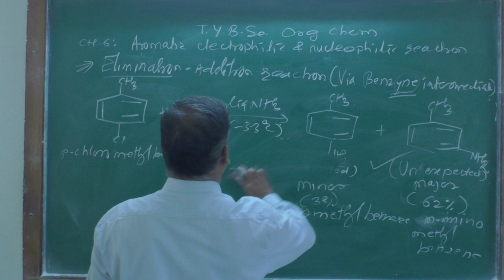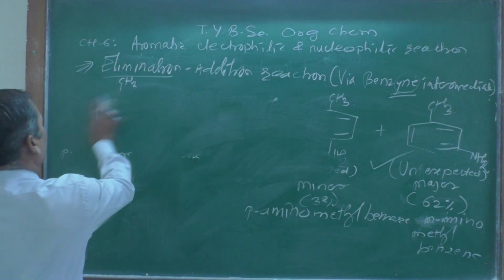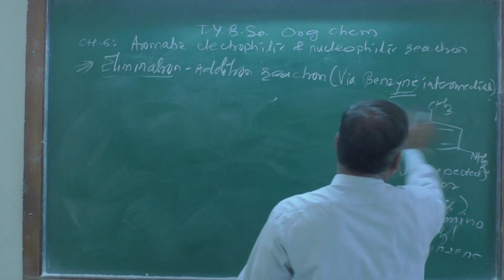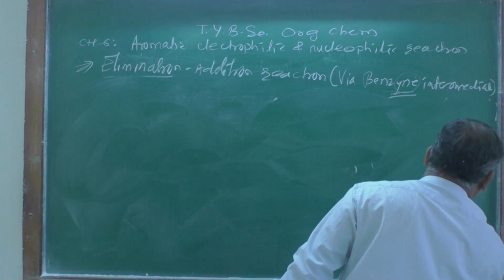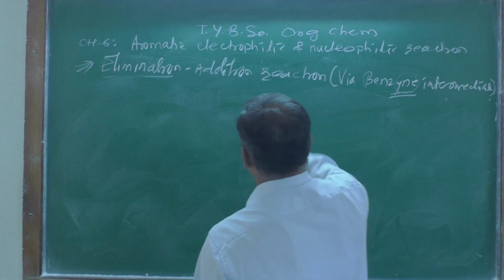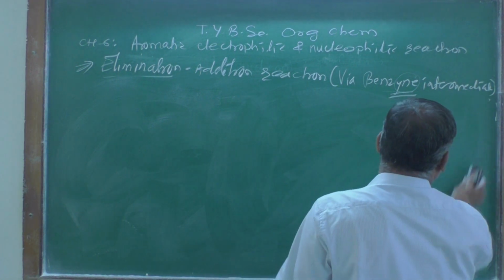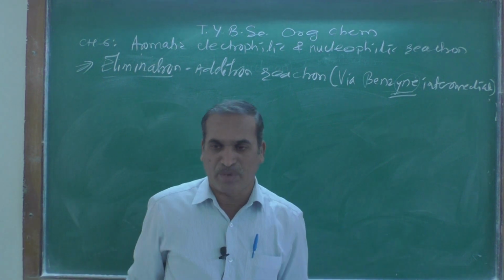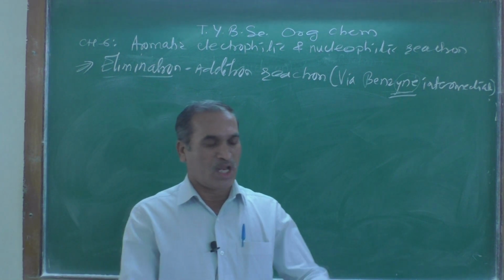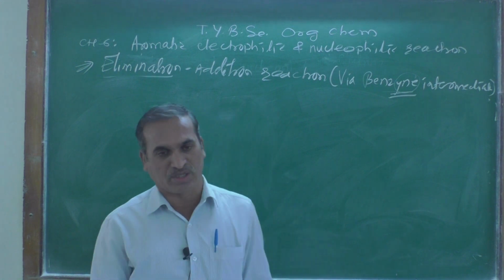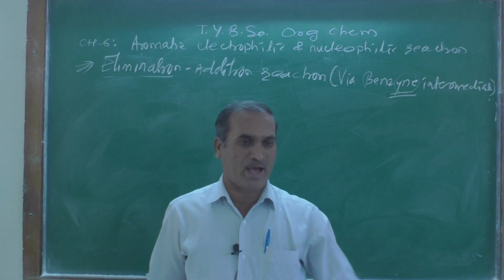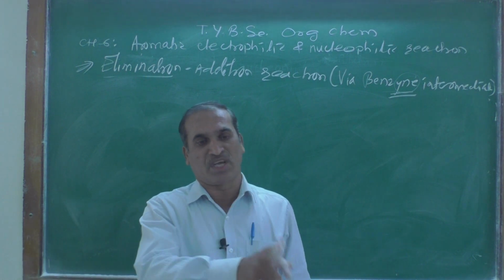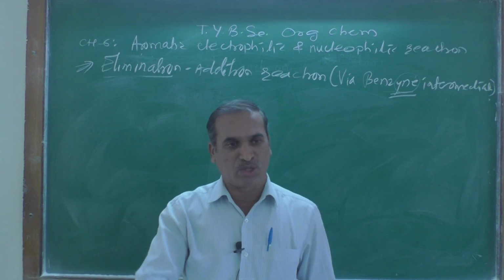Now let us look at the mechanism. Generally, as we know, aromatic compounds undergo electrophilic substitution reaction giving ortho-para or meta products, depending upon the nature of the substituent present on the benzene ring.